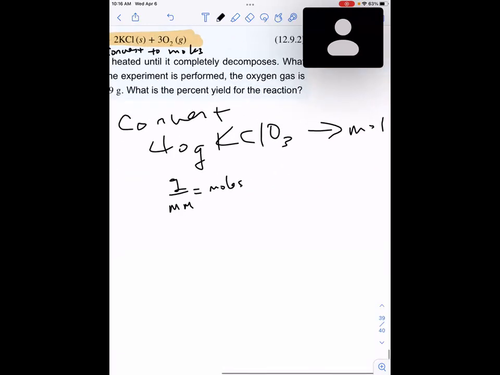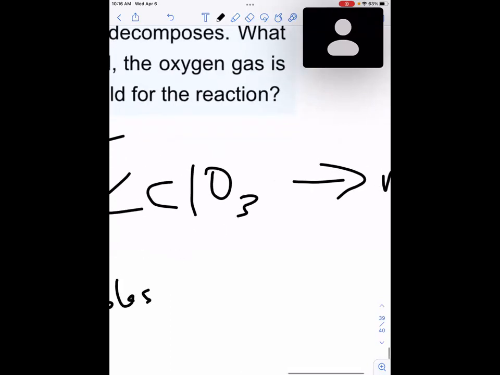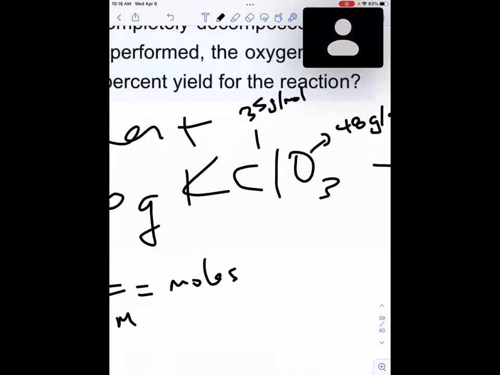What is the molar mass of potassium chlorate? Cl is 35, oxygen is 16 times 3, so that's 48 grams per mole, and 35 grams per mole for chlorine. That's 83. We just need potassium, which we know is 39 grams per mole.